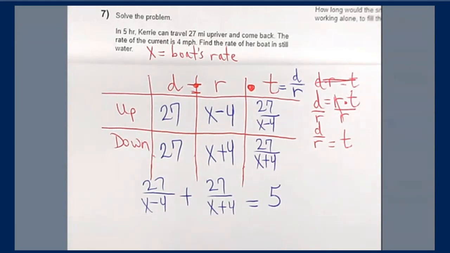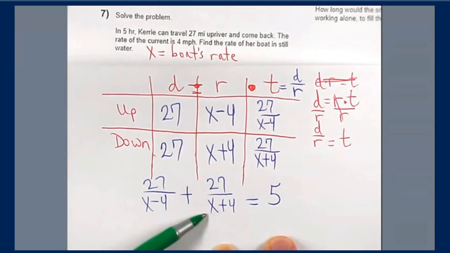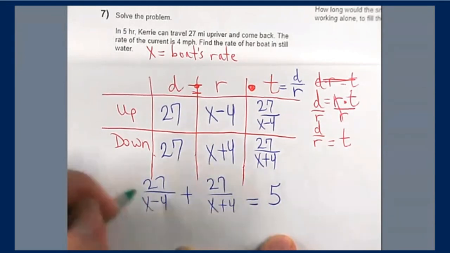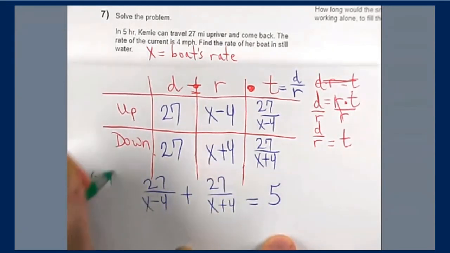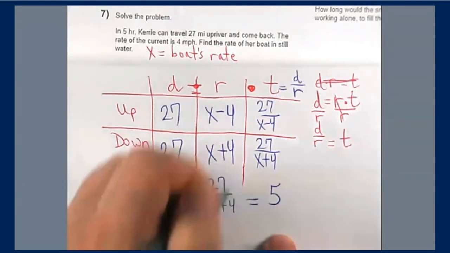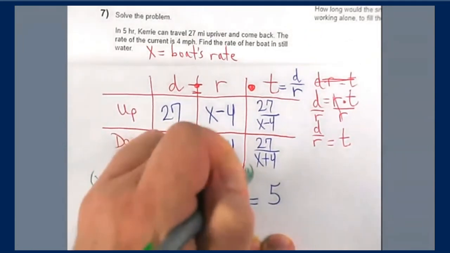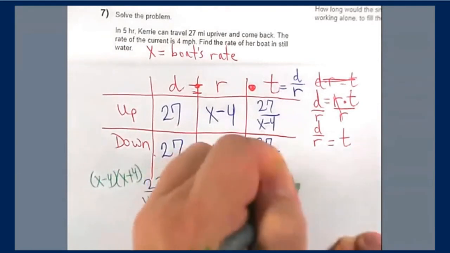Now, anytime we have fractions in an equation, we need to get rid of them. So the common denominator would actually be both denominators. So we'll take x minus 4 times x plus 4 and multiply each part of our equation by that least common denominator, including the right side.